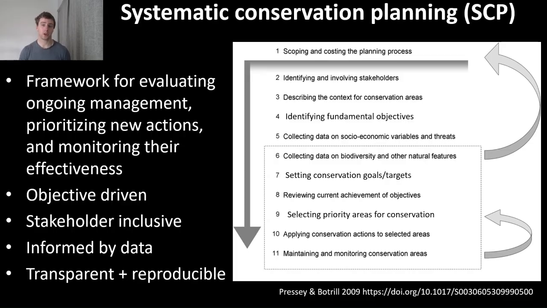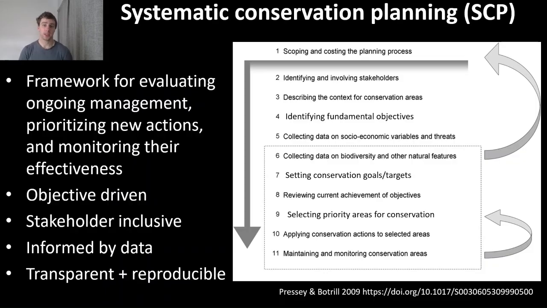And the socioeconomic variables are really important because they can potentially help understand trade-offs between establishing new protected areas and other stakeholder values like agriculture or urban planning and that kind of stuff.